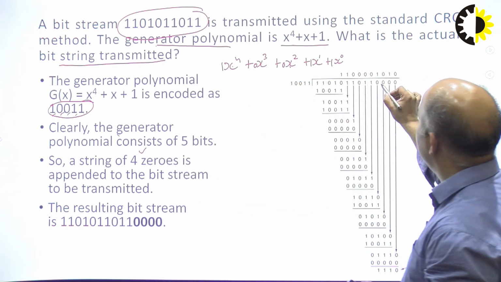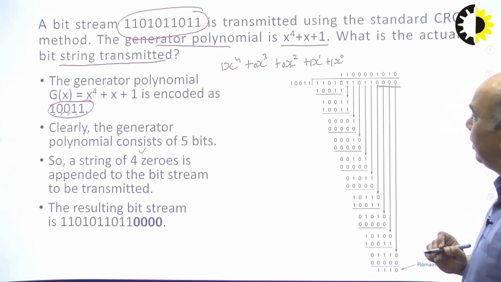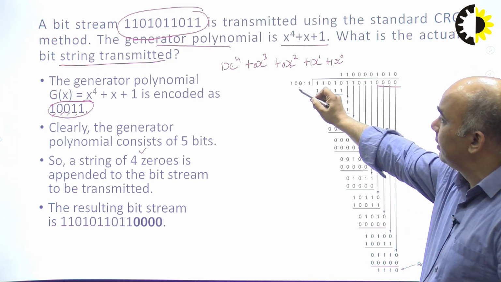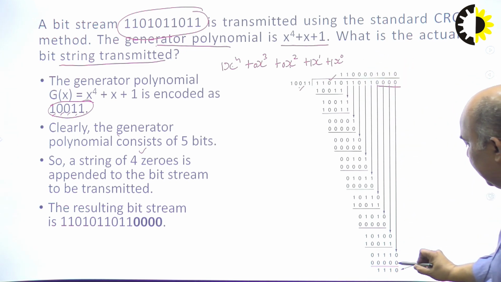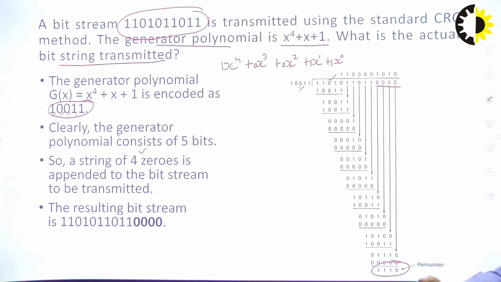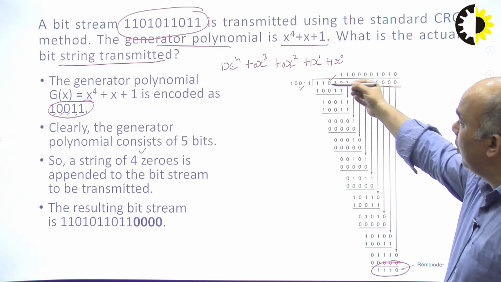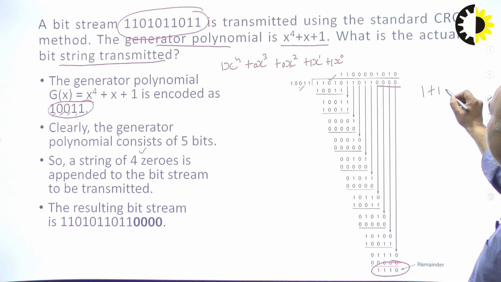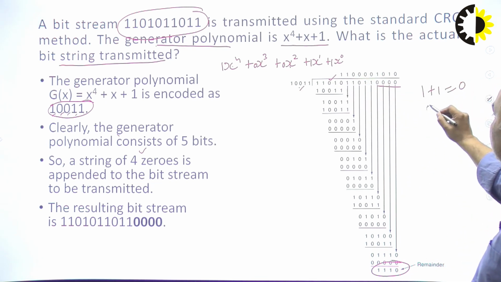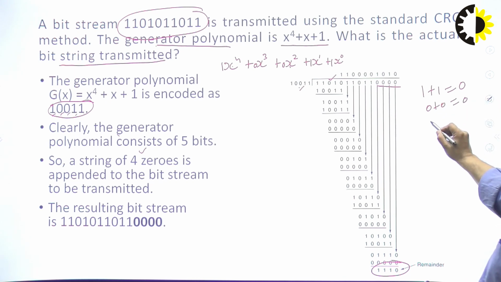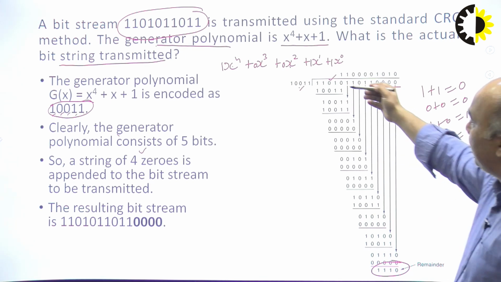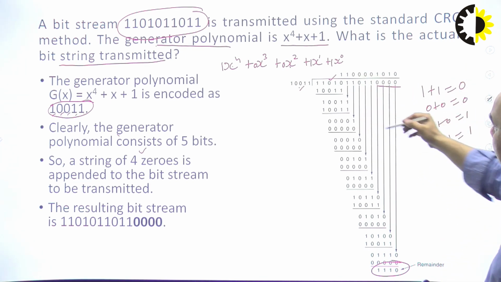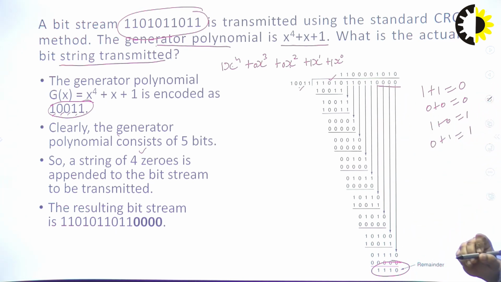So, we add 4 zeros here. By using this generator, we divide this and we get the remainder. How is it done? As we already know, 1 plus 1 gives 0, 0 plus 0 gives 0, 1 plus 0 gives 1, and 0 plus 1 gives 1. By using that mechanism, we get this remainder.